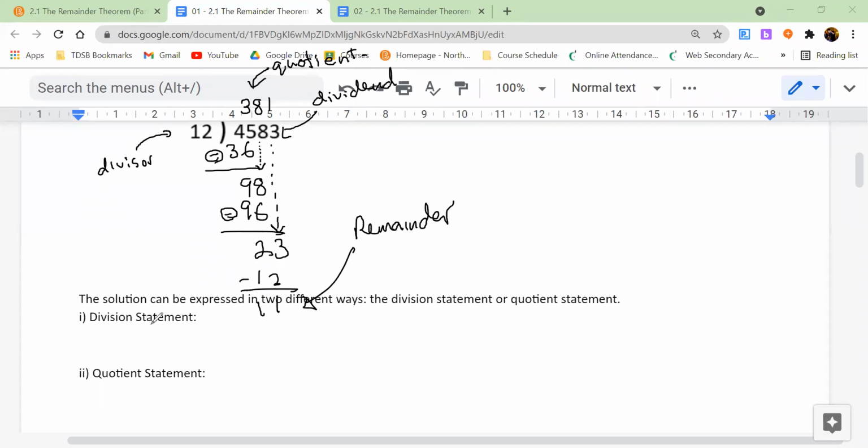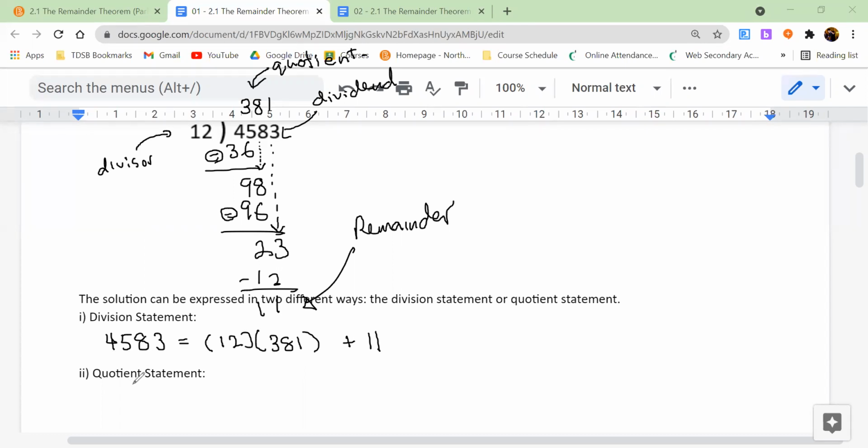A division statement is when you write what you had before, the dividend, and you show me what that is a product of. So if this were to be sort of broken up or factored or divided up, I could say that 4583 is 12 multiplied by 381 with an extra 11 left on the side.